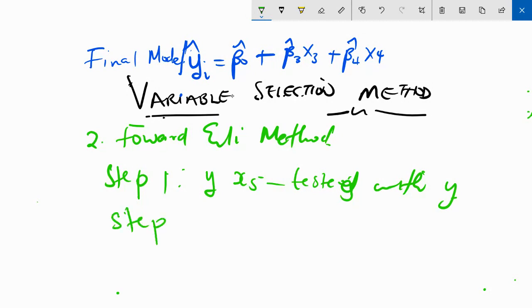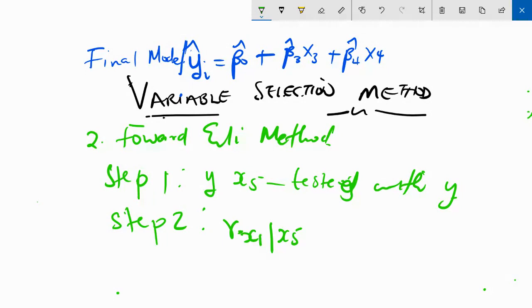Second step, the second variable to be entered will be based on the partial correlation coefficient, given that x5 is already in the model.